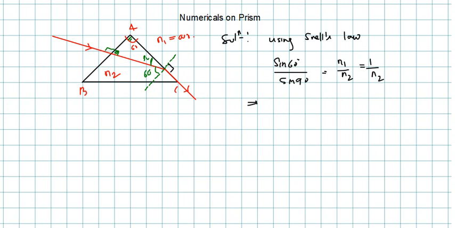So sine 60 is root 3 by 2, equals 1 by N2. So N2 is equal to 2 by root 3.